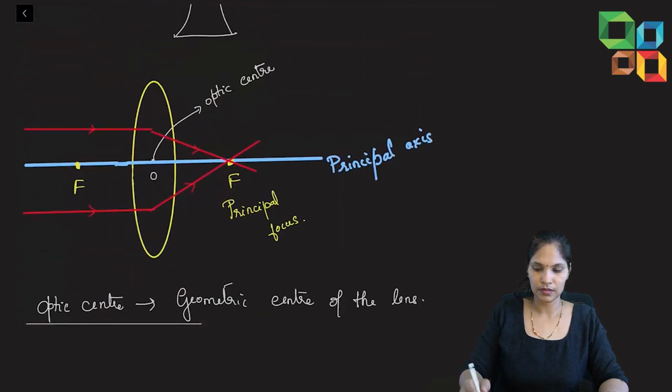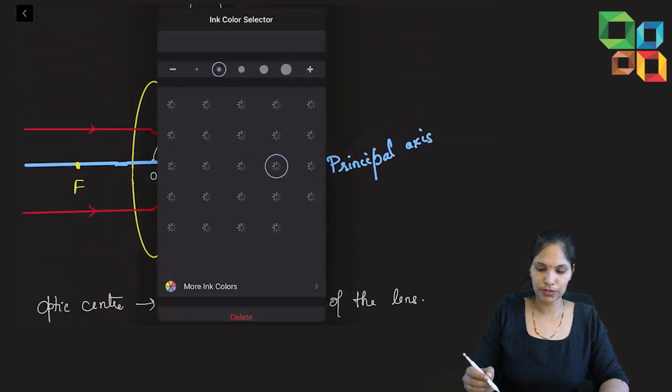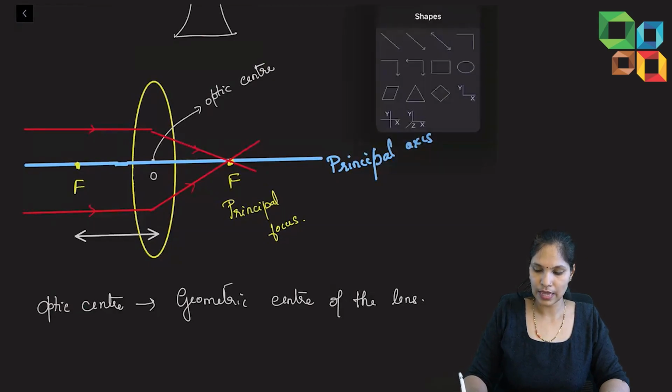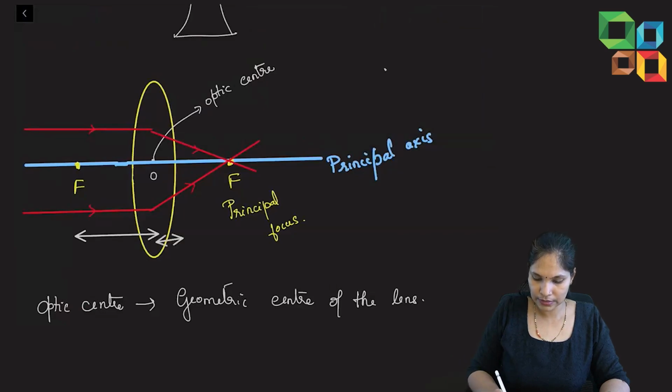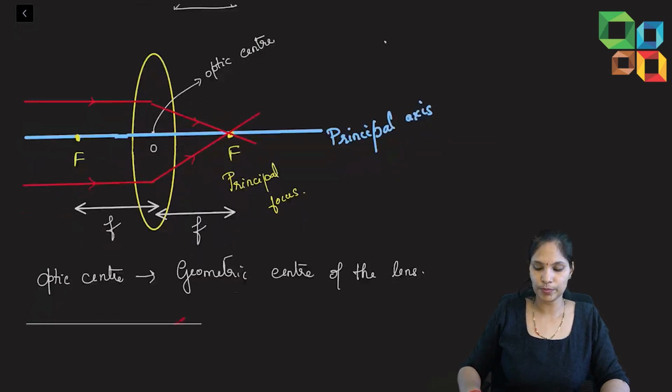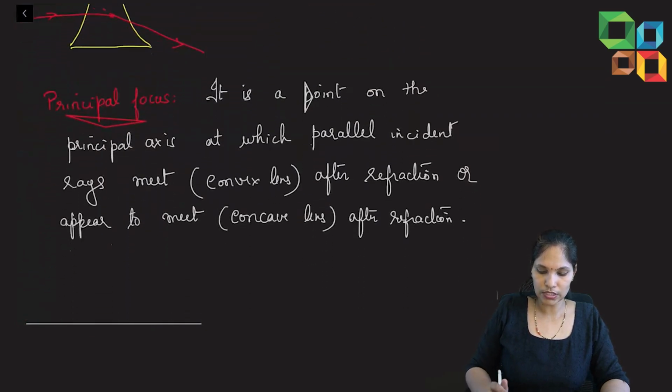Next, the distance between the principal focus and the optic center, this distance, or you can take this distance also. Since we have two focus, we can have the length on two sides also. So from the focus to the optic center, we call that length the focal length, denoted by small f. So what is focal length?